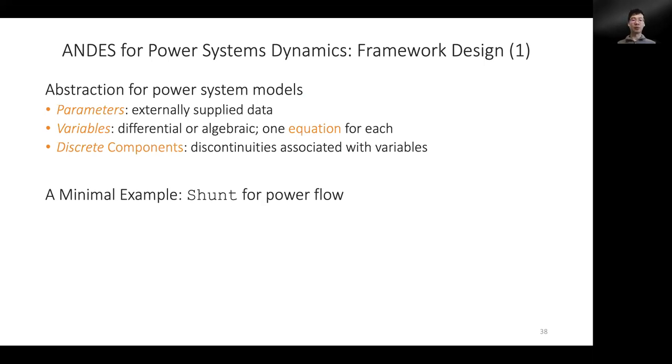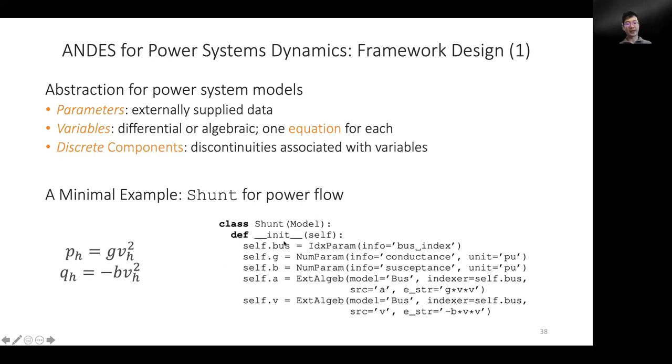Here's a minimum example, a shunt model for power flow calculation. As we know, a shunt injects active and reactive power based on the terminal voltages. So we can write Python code to describe the shunt model where we have three parameters: bus, defining which buses the shunts are connected to, and the conductances and susceptances for the shunts.